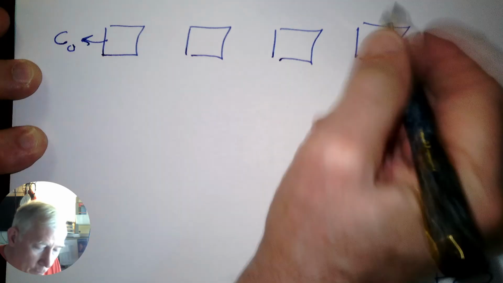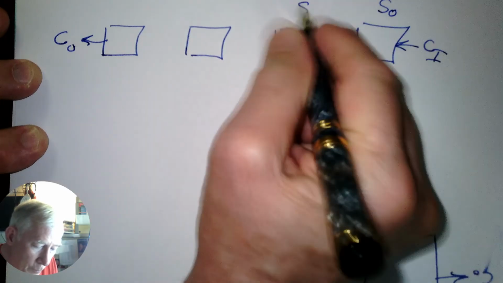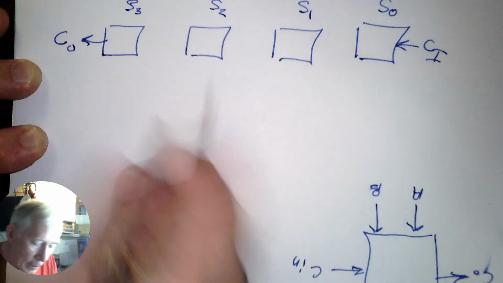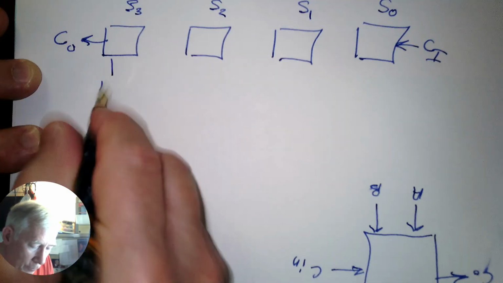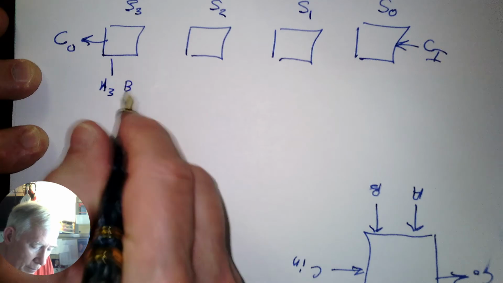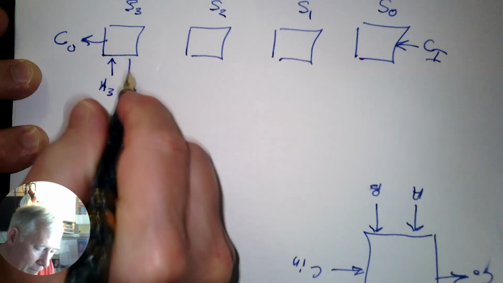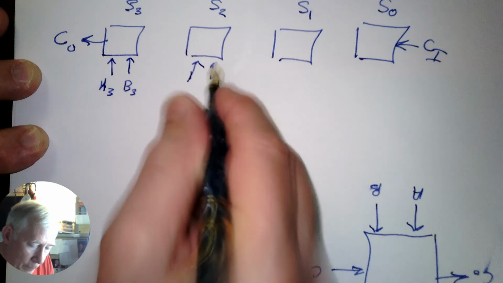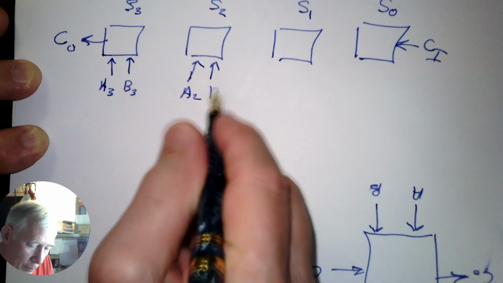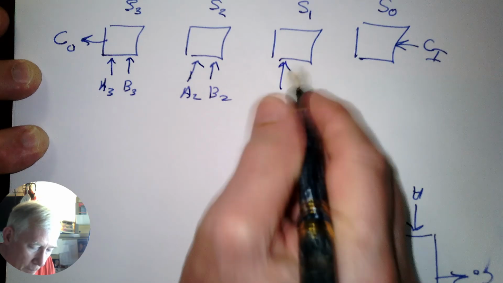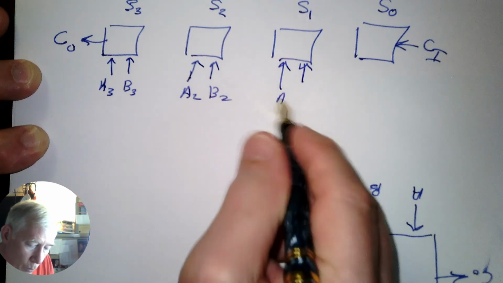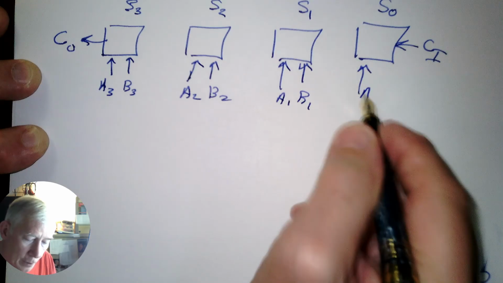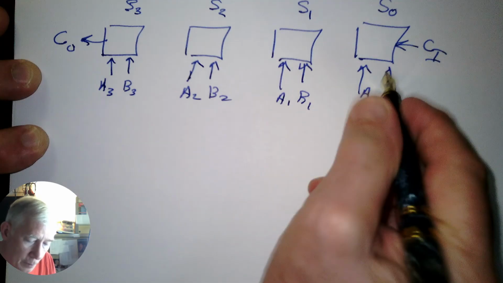And we have sum 0, sum 1, sum 2, and sum 3. And our input, we're going to have an A3 and a B3, an A2 and a B2, an A1 and a B1, an A0 and a B0.